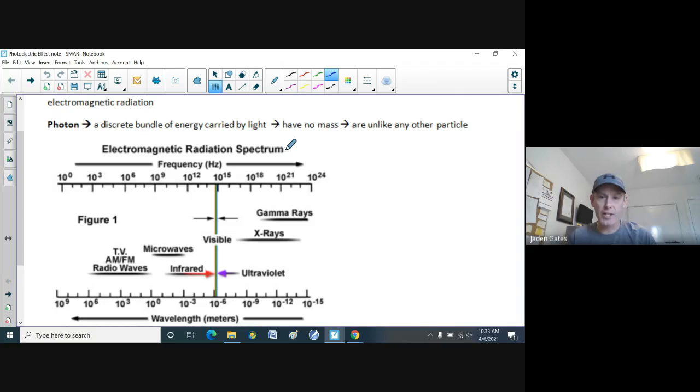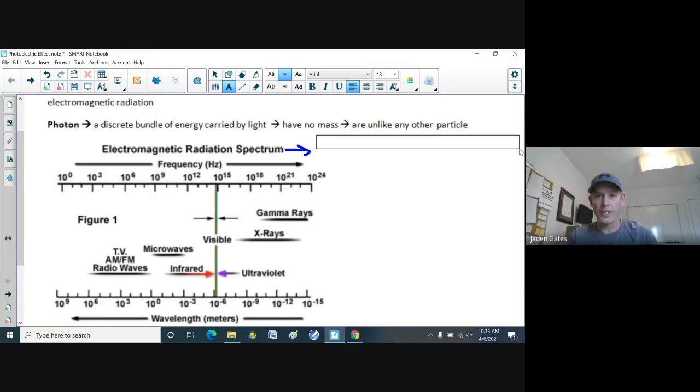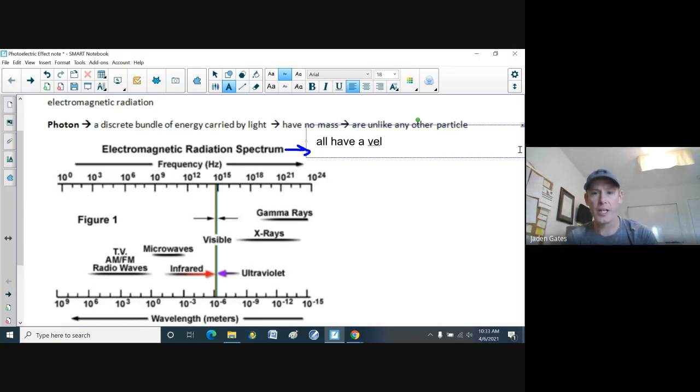Now, the key here is that all of these types of electromagnetic radiation have a velocity of c, which again is the speed of light. So that's 3 times 10 to the power of 8 meters per second. All right, so they all have that velocity.